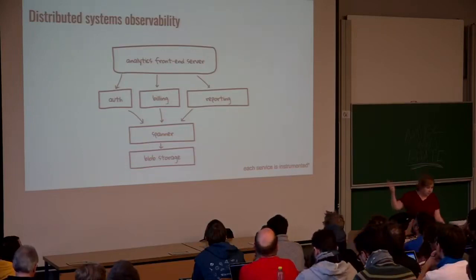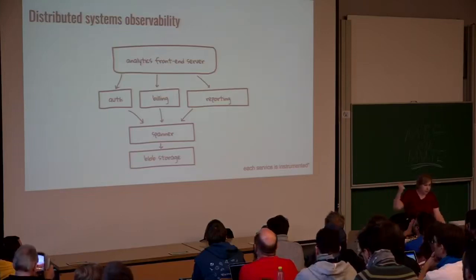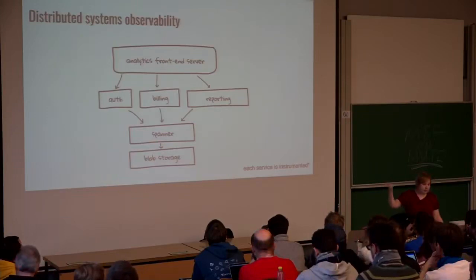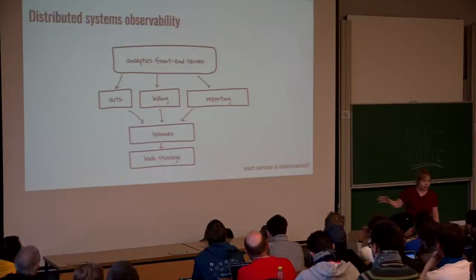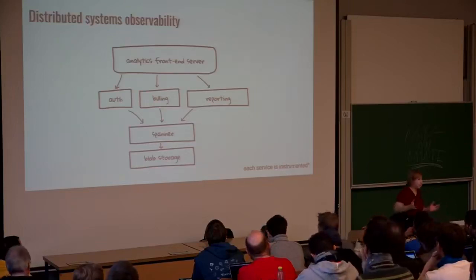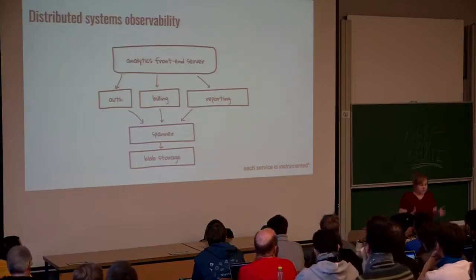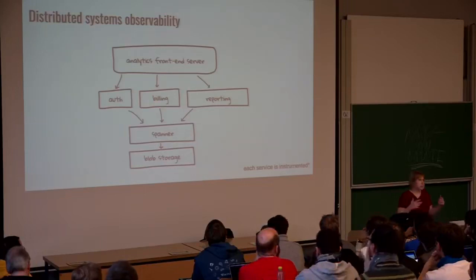Authentication, billing, reporting are some of the examples here. In this example, all of these relatively low-level services depend on Spanner, our database, and eventually hit the blob storage service for persistence.